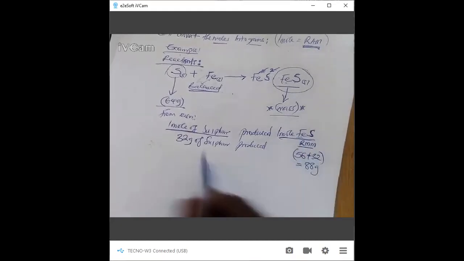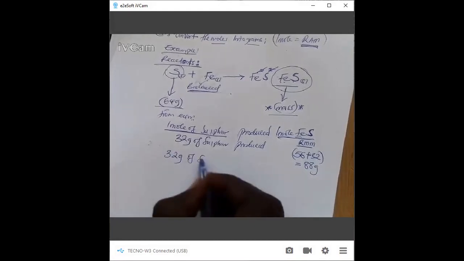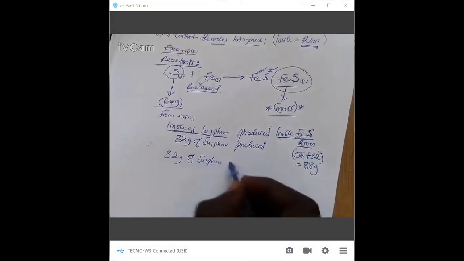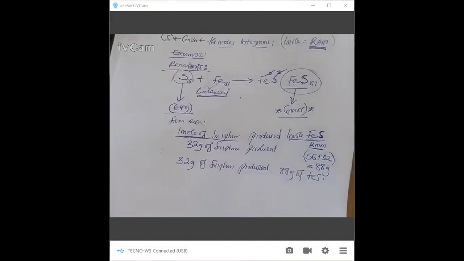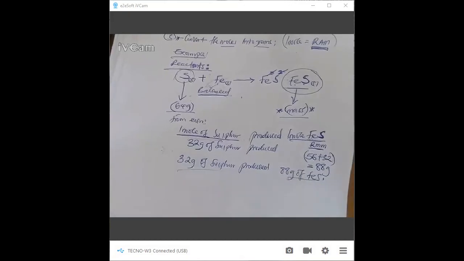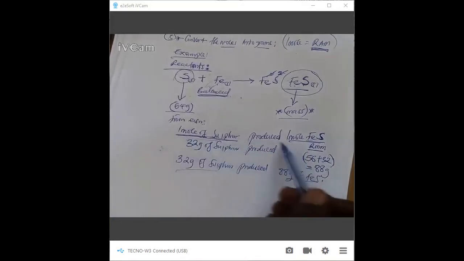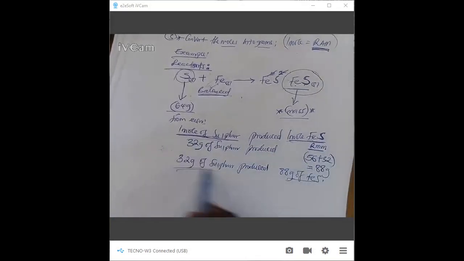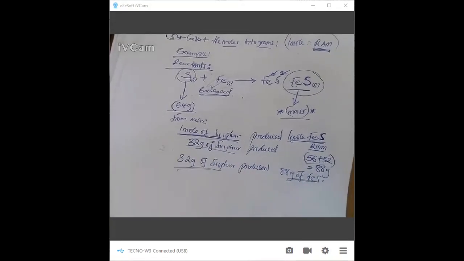So let me write the equation clearly. 32 grams of sulfur produced 88 grams of iron sulfide. Have you seen how we have shifted from moles to grams now? From the equation, we have gone to grams because of the relationship between the moles and the grams.